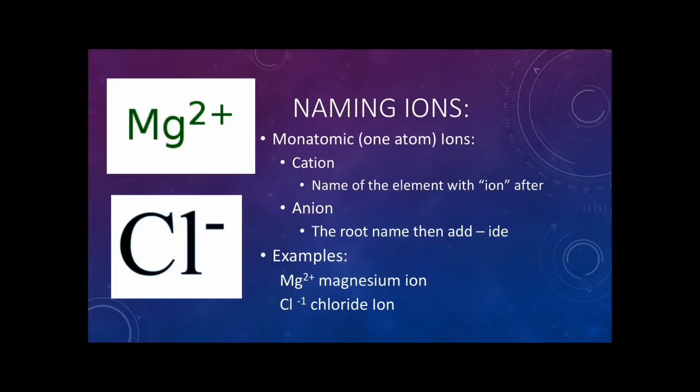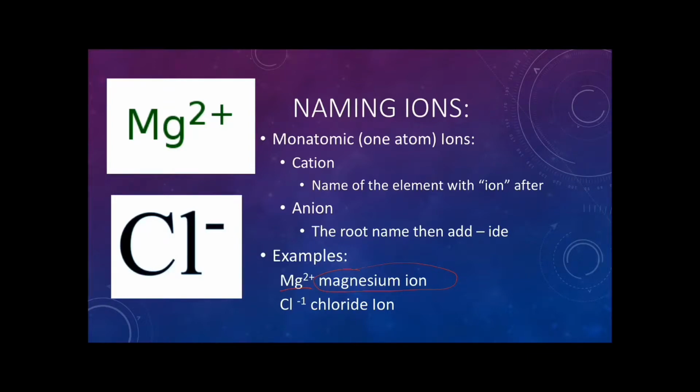Let's start off with naming some monoatomic ions. That means we're going to name one atom. With a cation, we're just going to use the name of the element and put ion after it. With an anion, we're going to take the root name and then add IDE to the end. So some examples here, like up in my pictures, I've got a magnesium ion, and we just call that magnesium ion.